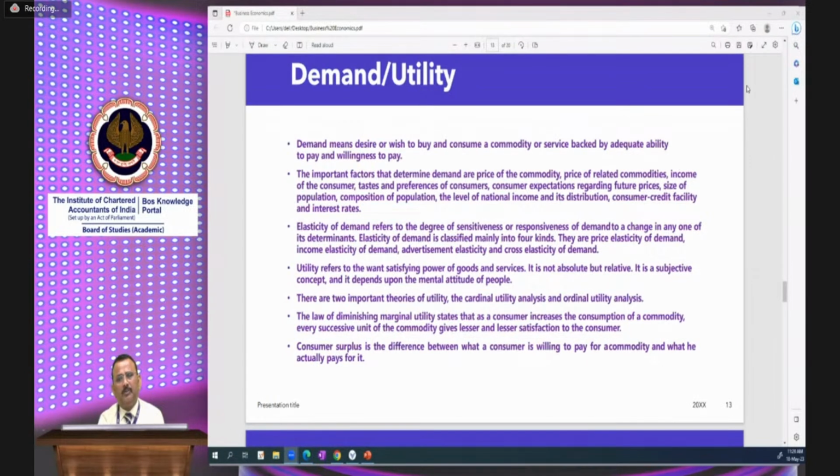Elasticity is a very important topic at the foundation level. So you have to be clear about the concepts and the different types of elasticity that have been elaborated in your study module, like income elasticity, price elasticity, advertisement elasticity, cross elasticity, and arc elasticity. Try to remember the formulas of elasticity and the different significance, and what are the factors that influence the particular elasticity.